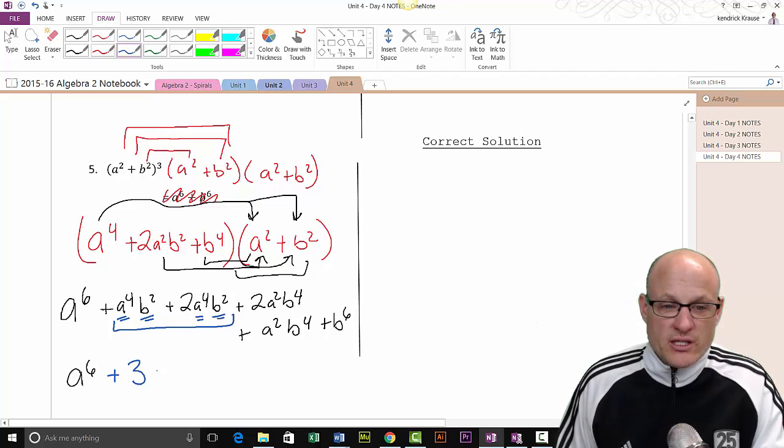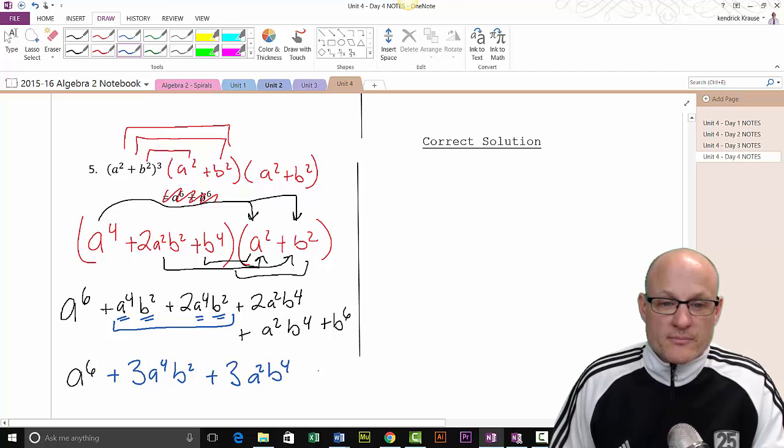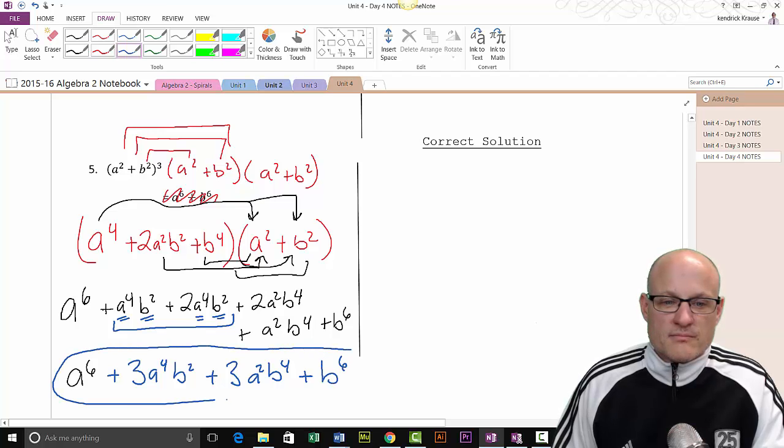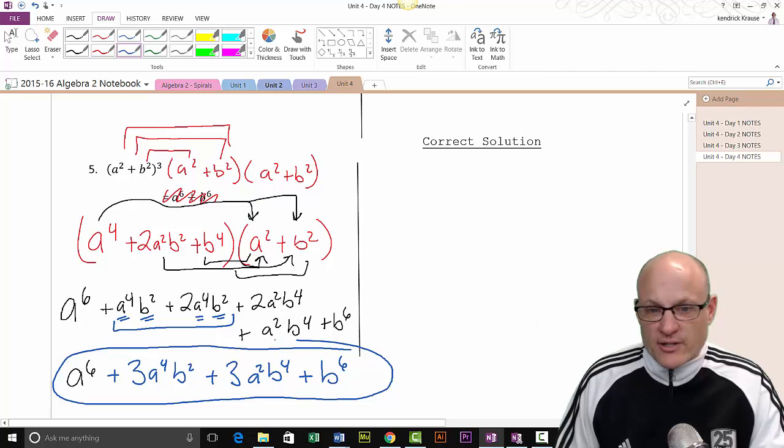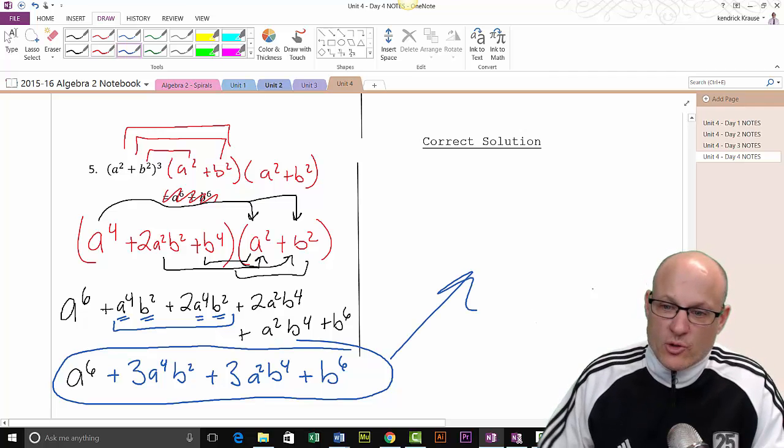So plus 3a to the 4th b squared plus 3a squared b to the 4th plus b to the 6th. And that's your final answer. That's the correct solution. That's what goes over here.